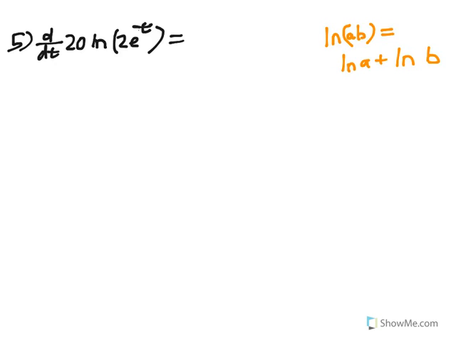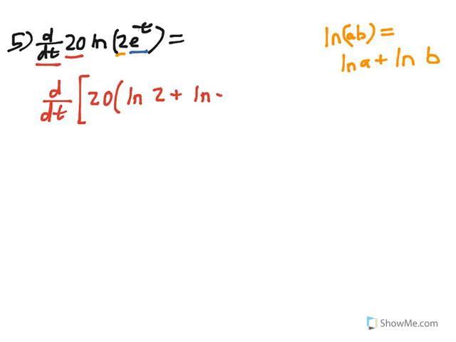So applying that to this function, we have 2 times e to the t. We'll separate those out, and we'll still keep this 20 over here. Can't forget about that. We'll keep the derivative operation. So we'll get d/dt of the quantity 20 times the natural log of 2 plus the natural log of e to the t power.